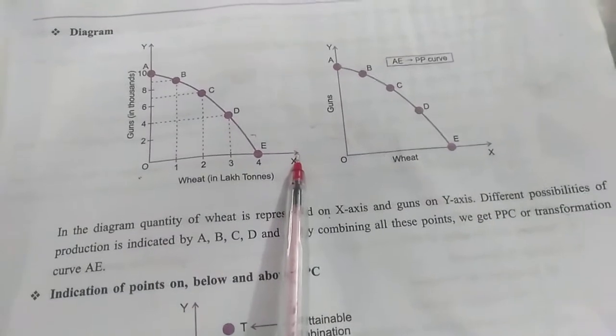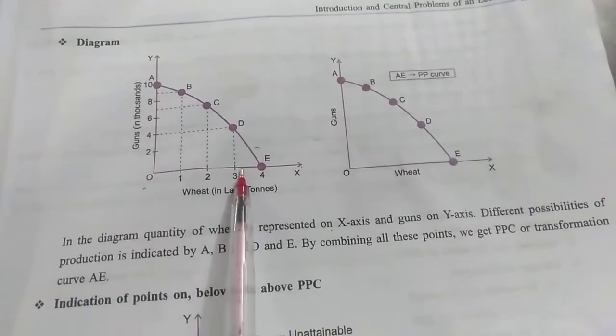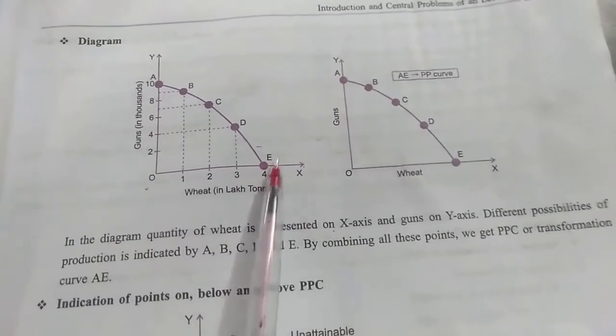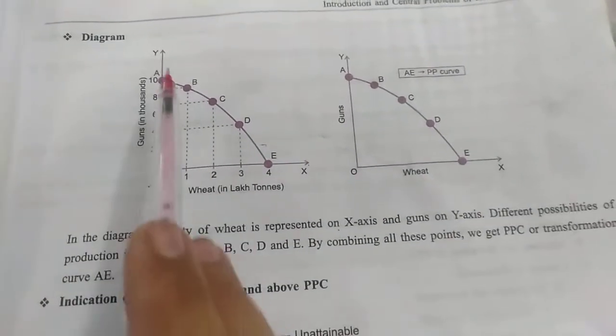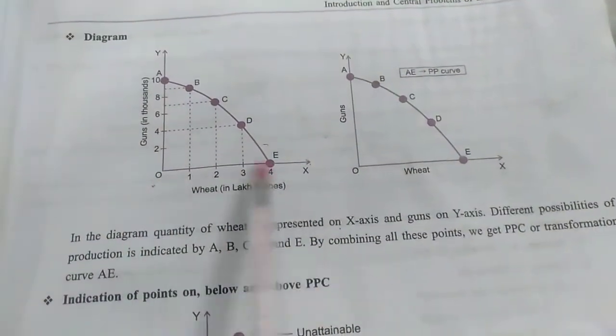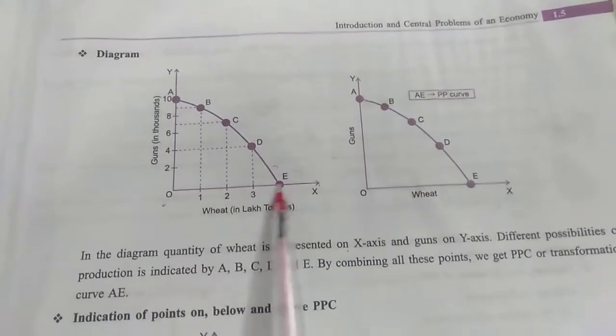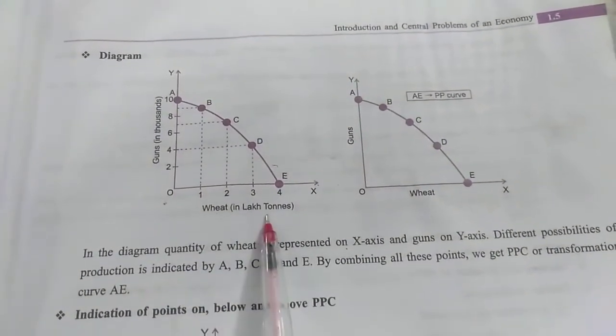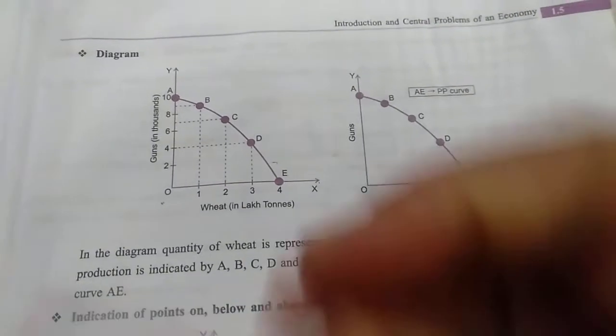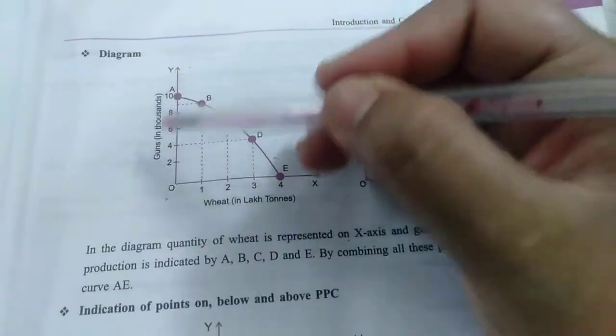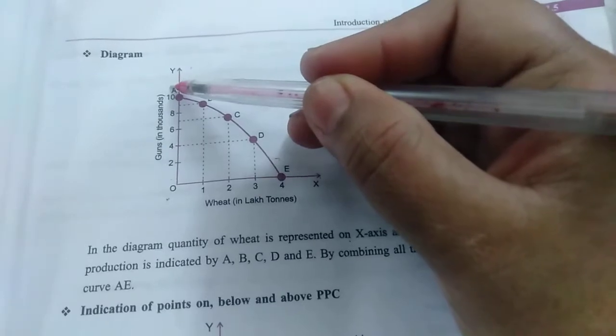All of you have done a small amount of statistics in your previous classes. Here on the x-axis they are showing the production of wheat, and here on the y-axis they are showing the production of guns.